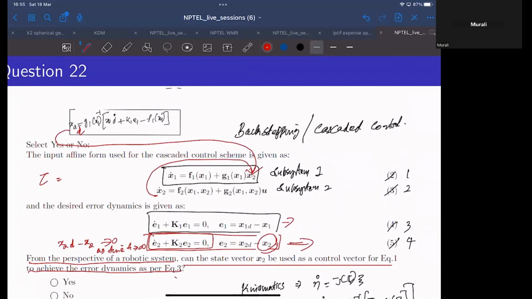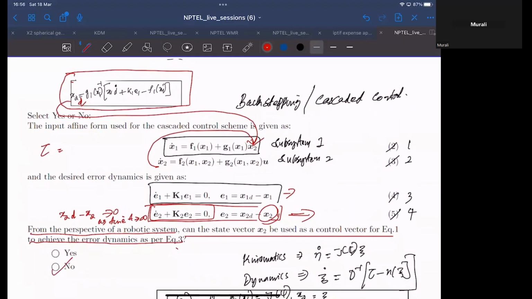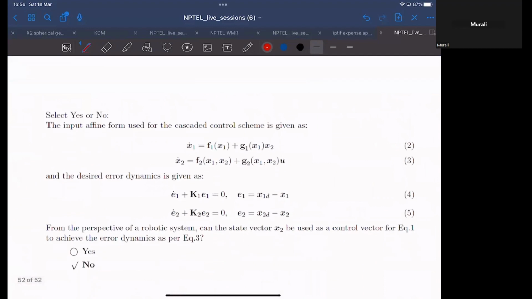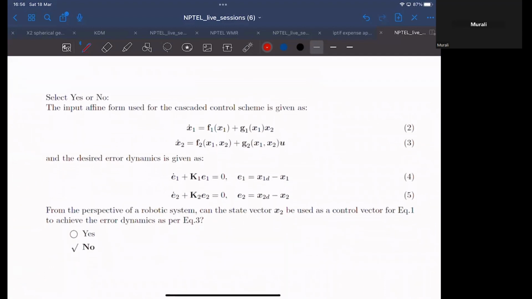That is no for sure, because we know we would want the control input to be this expression so that it can follow the first order error dynamics. So the answer is indeed no.